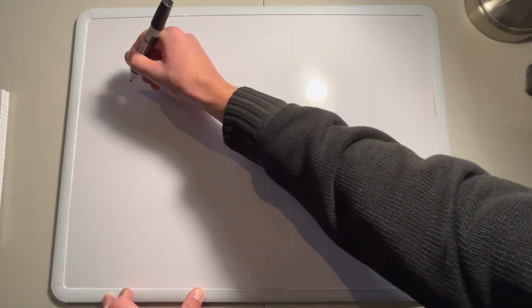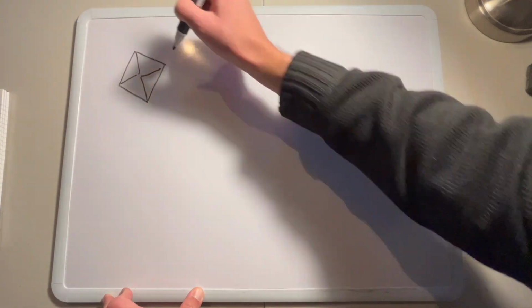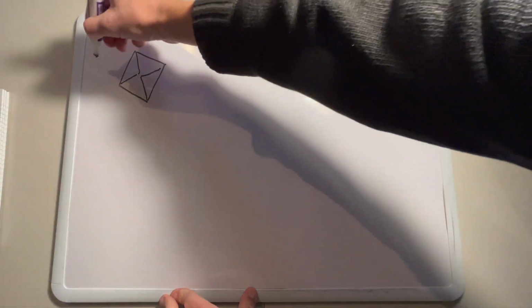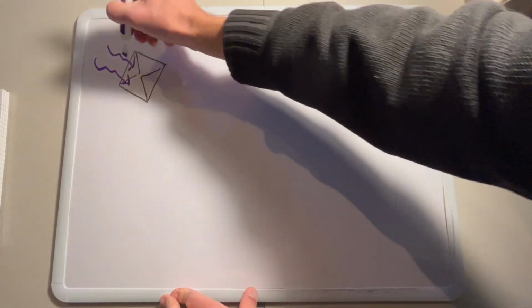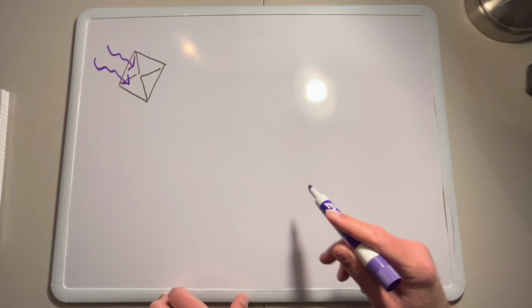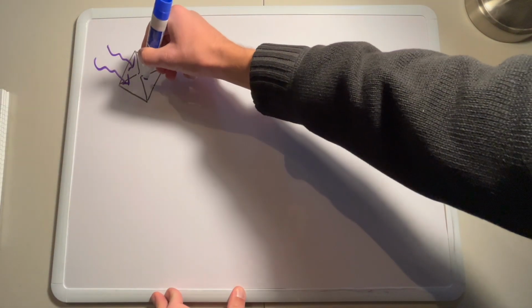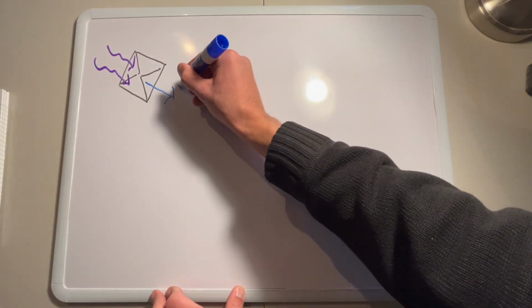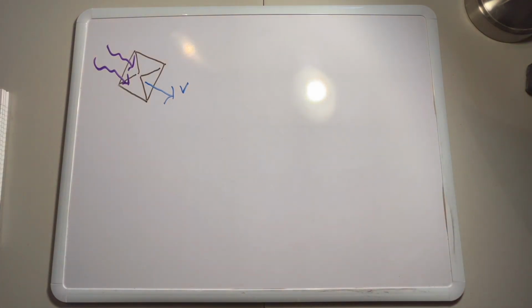So let's say we have a solar sail here, and let's say it's going to absorb the light that we shine on it, some very high energy radiation. It's going to hit our solar sail. And then out of that, we are going to get some force, some acceleration, and some final very fast velocity out of our solar sail.